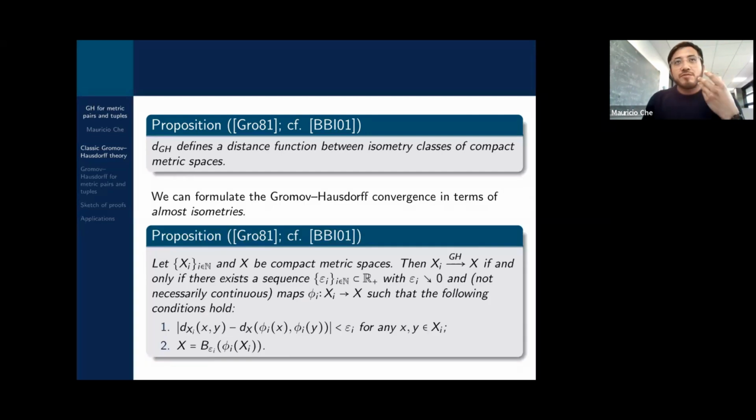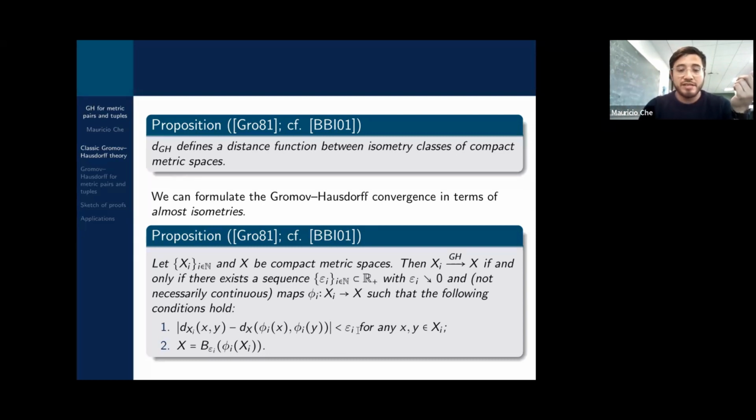So regarding the convergence, which I said is a very important thing, there are different ways to understand the Gromov-Hausdorff convergence or to formulate it. One of them is by considering almost isometries, and that is the content of this proposition here. It says that a sequence is Gromov-Hausdorff convergent to some metric space if and only if there is a sequence of positive numbers epsilon i that converge to 0 and a sequence of maps, not necessarily continuous, between Xi and X, that are almost isometries in the sense that they almost preserve distances.